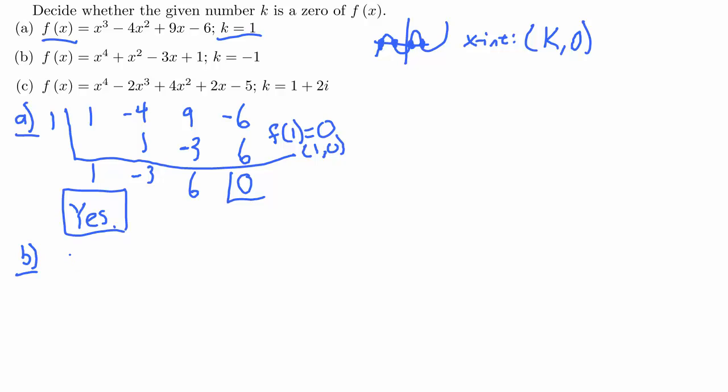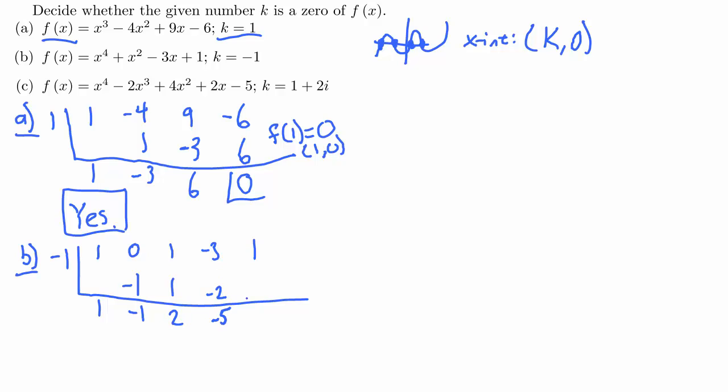Let's look at B. B, our k value is -1. Then we're going to have a 1, 0, 1, -3, 1. Bring down the 1, multiply, add, multiply, add, multiply, add, multiply, and add.